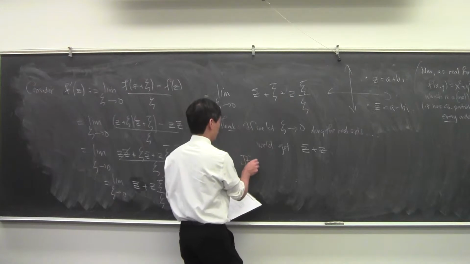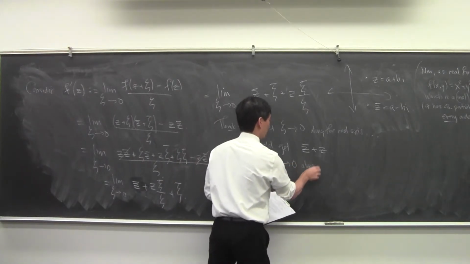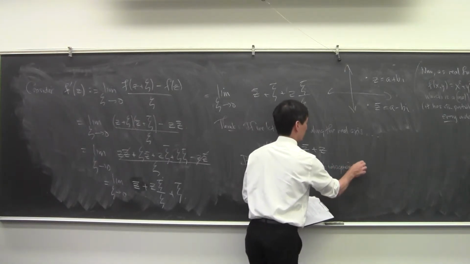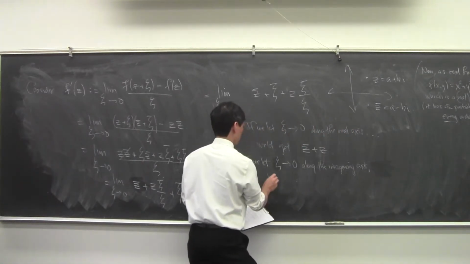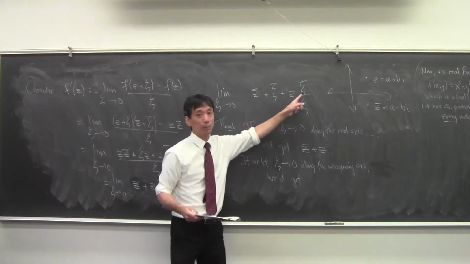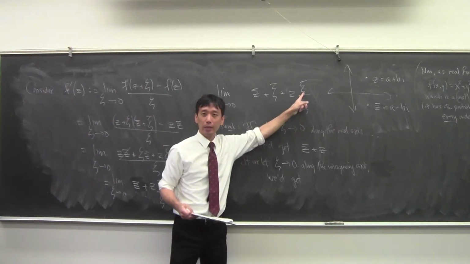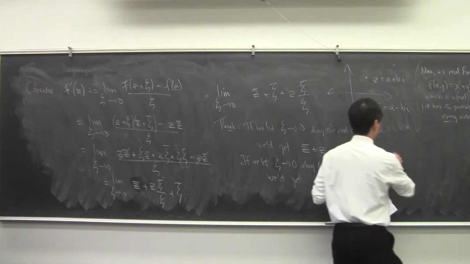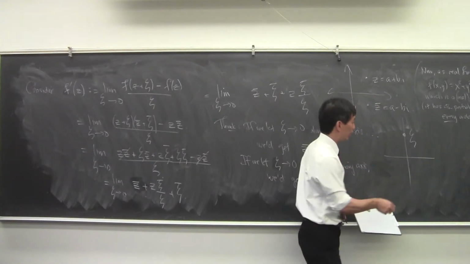If we let zeta go to 0 along the imaginary axis, we would get what? Well, along the imaginary axis, if you have an imaginary number zeta and you take zeta bar, that's the reflection of it.